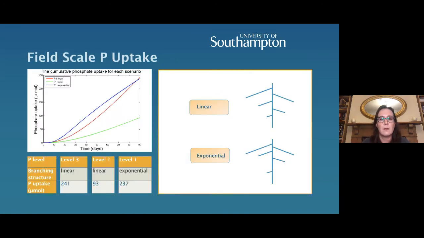Fieldscale, we've looked at different architectural scales here, where we look at should we breed the plants that have more branches higher up, so exponential branching or linear branching. It's undoubtedly clear now that just breeding a plant with better root architecture can recover the same amount of phosphorus from P1 soil as the bottle brush plant root system is extracting from P3 soil.